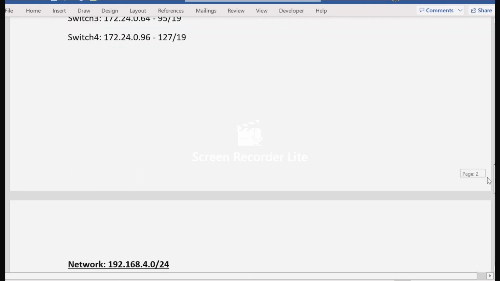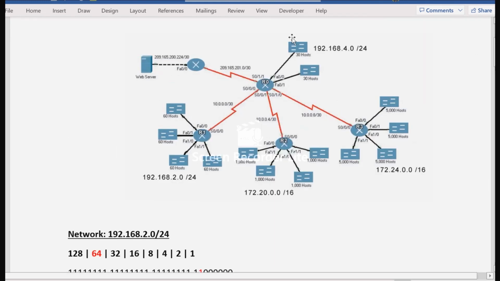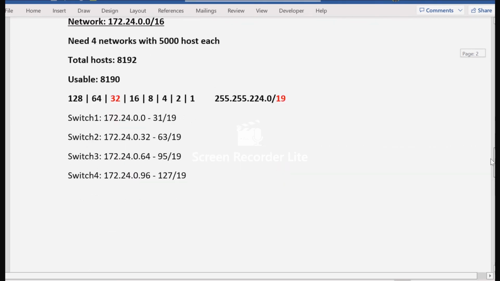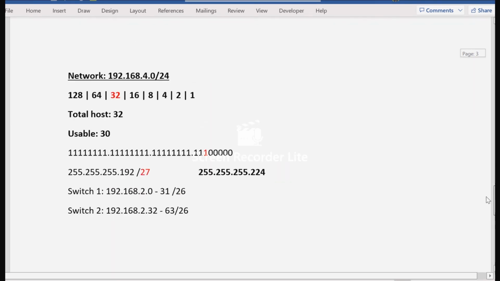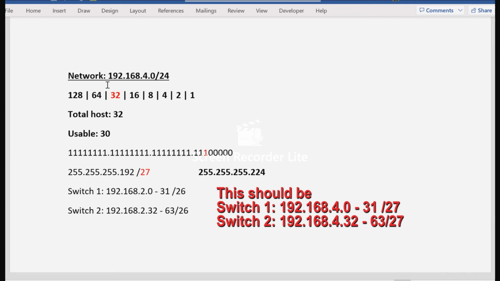This network here is an easy one. Let's go back up here. This is the network that we will be subnetting now. There's only 30 hosts and only 2 networks. Let's go back down here. This is the network address, and because we need a total of 30 hosts for each network, we're going to use a magic number of 32, and using a magic number of 32 means that we have a /27.